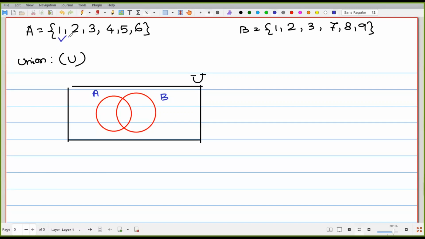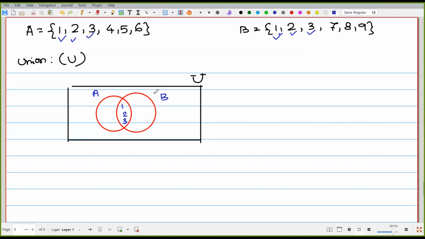1, 2, 3. Those three elements are common to A and B. Now in that middle part, write down 1, 2, 3.